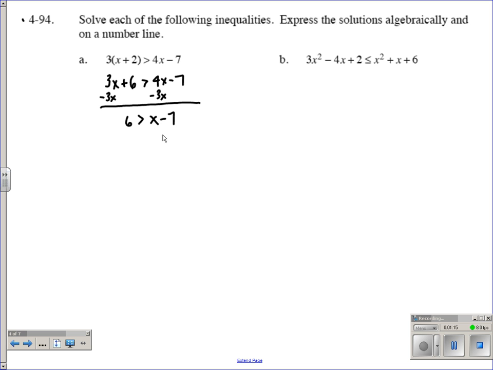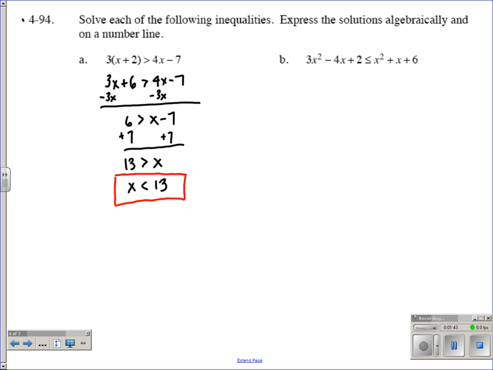That number should be 13, and we get that when we undo it by adding 7 to each side. So we get 13 is greater than x. Or if you're more comfortable, you could rewrite it the other way and say x is less than 13. So this is our answer represented here algebraically.